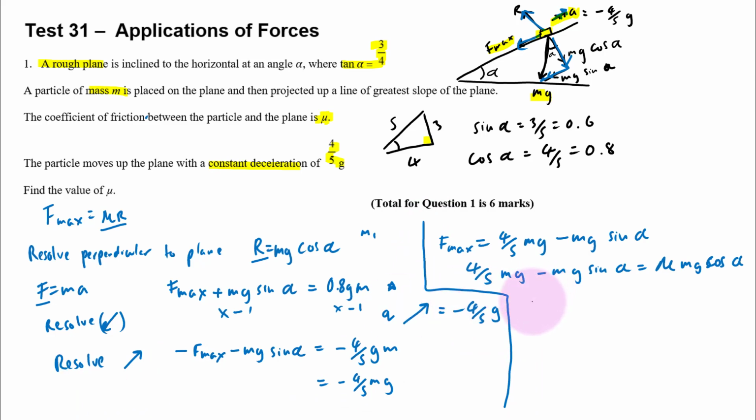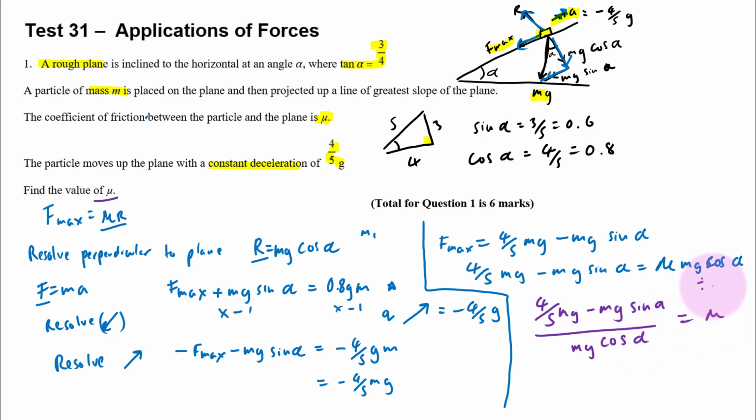Okay, now it's asking us to find mu in the question, so we rearrange here and we just need to divide out by mg cos alpha. So we get 4/5 mg minus mg sine alpha all over mg cos alpha equals mu.